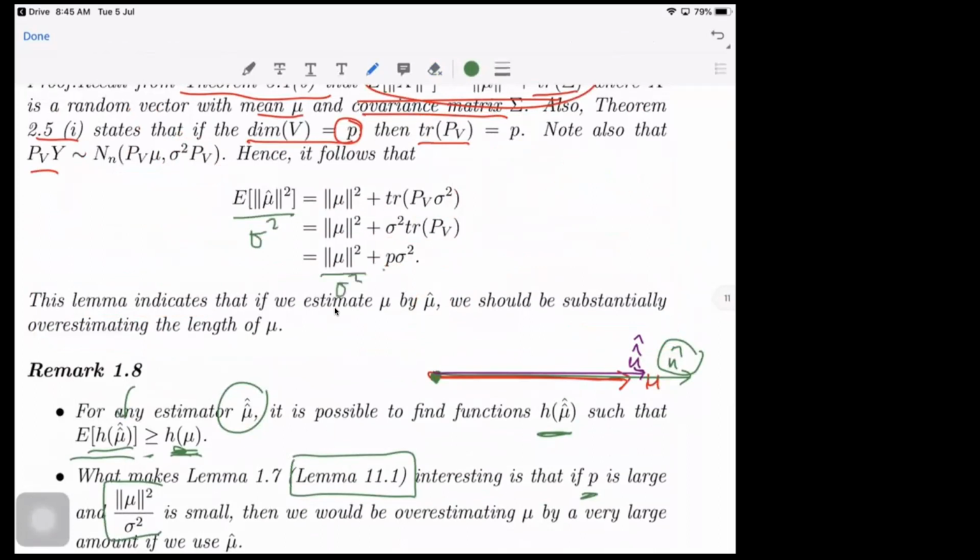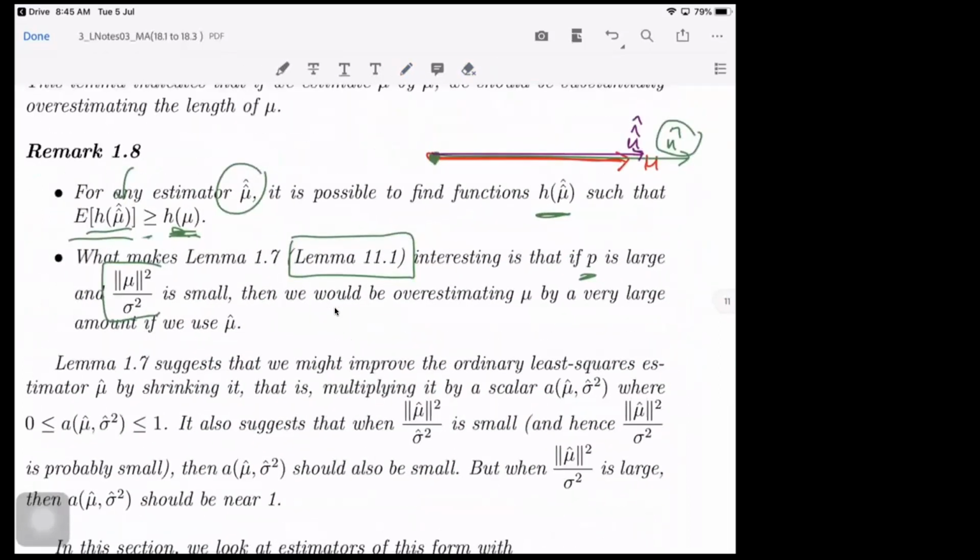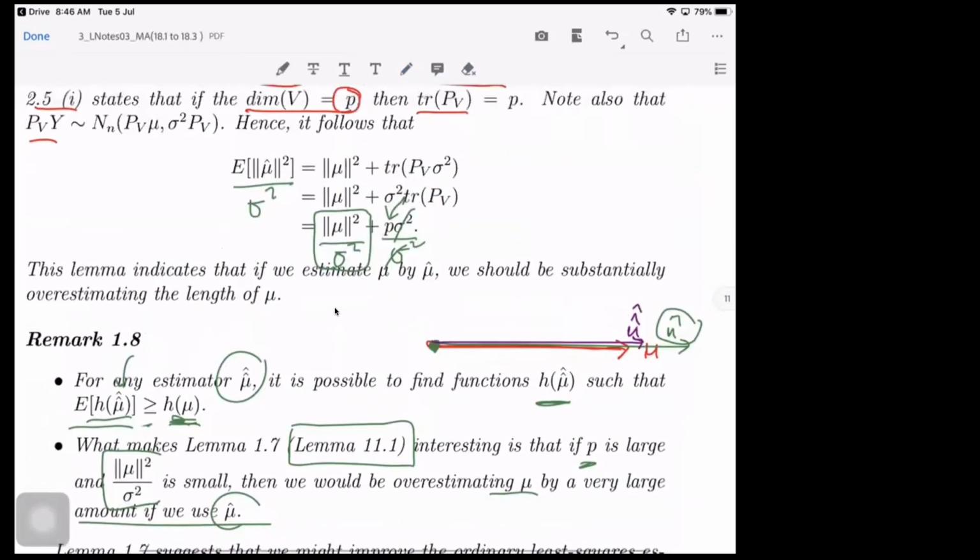So if P is large and the ratio is small, then we would be overestimating mu by a very large amount if we will use mu hat, no?